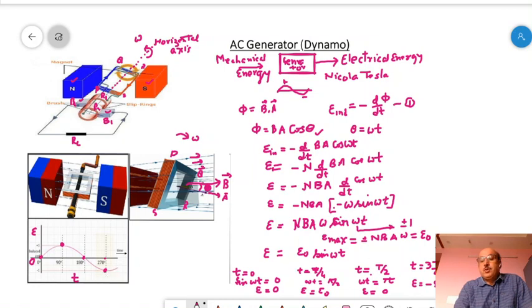As time comes to the complete cycle, then again sine 2 pi will be 0. That is, omega t is equal to 2 pi.